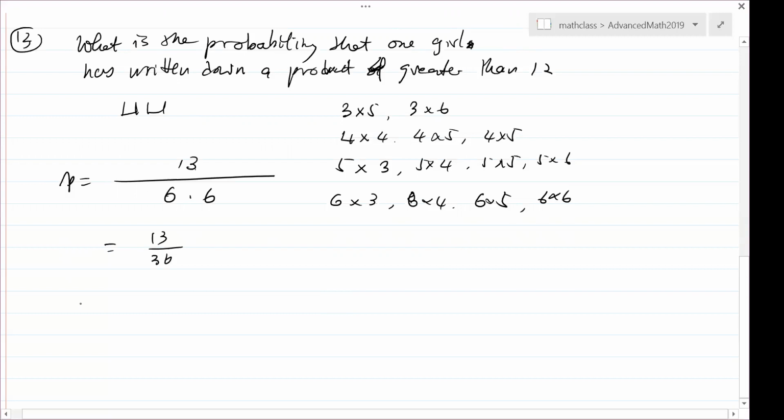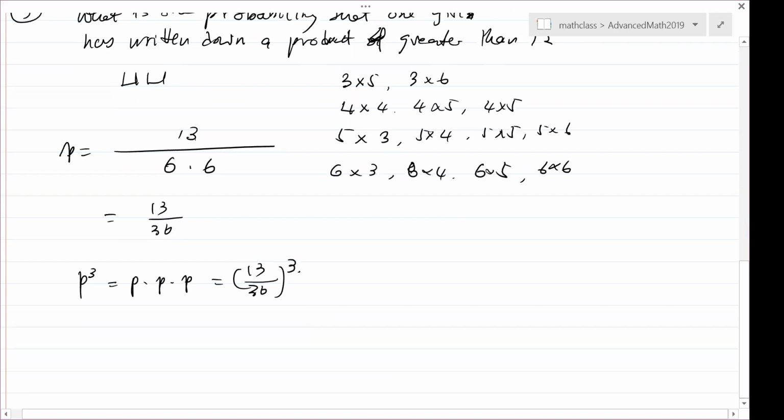That means the probability for 3 girls all getting a product greater than 12 is p cubed, p times p times p, which is 13 over 36 cubed. After you multiply them out, that is the answer in the answer key.